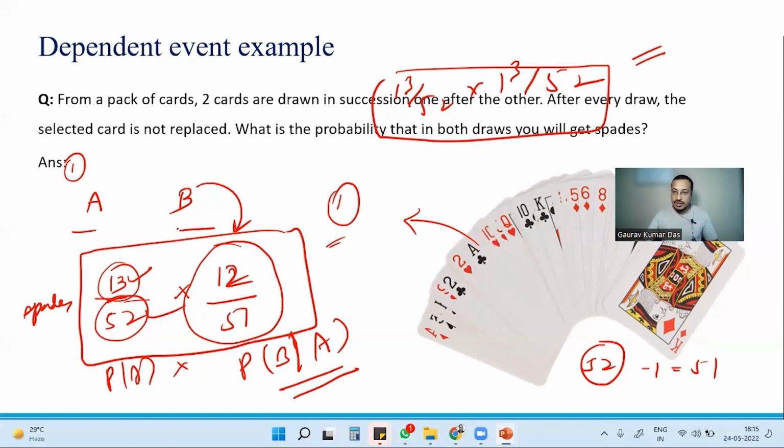The independent outcome will be slightly greater than this outcome. Why? Because when events become dependent, immediately you are imposing more restrictions. We could have had 13 here, but now we only have 12, right? So more restrictions, lesser the probability.